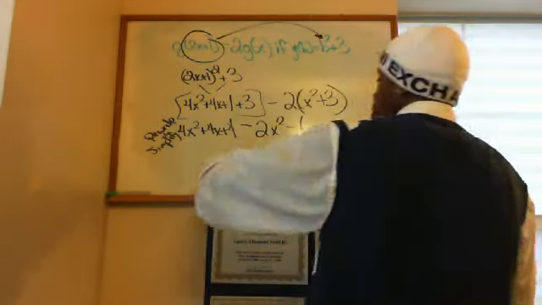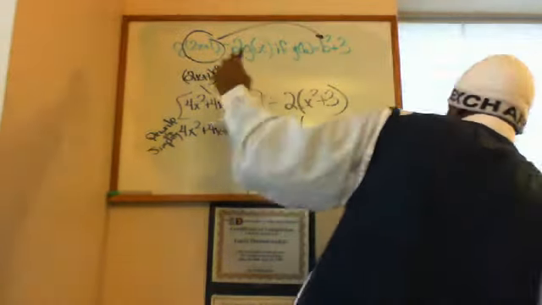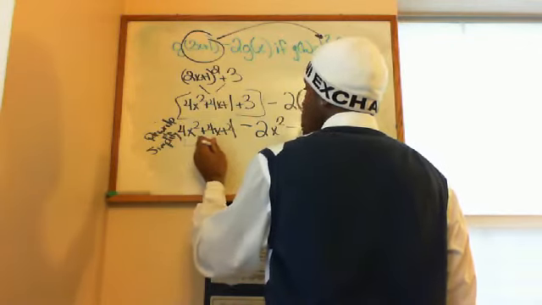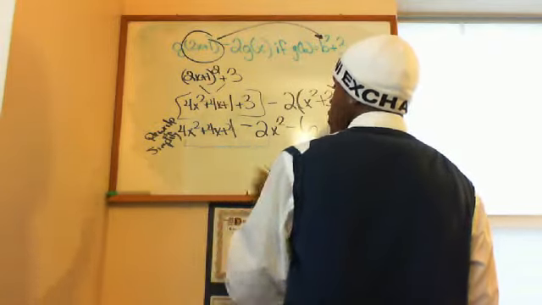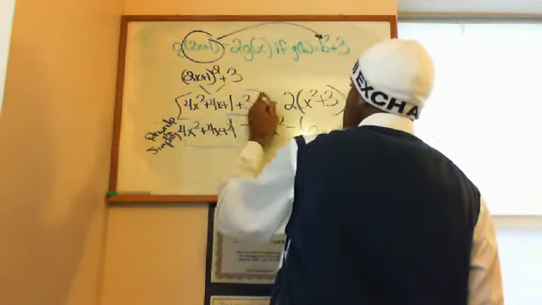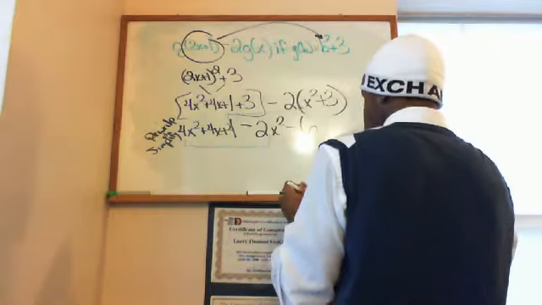Now, at this point, I combine like terms. 4x squared minus 2x squared, and then I combine like terms 4 and 6.